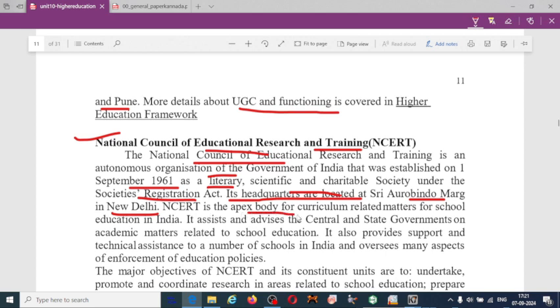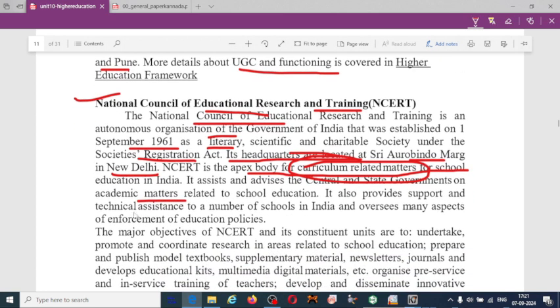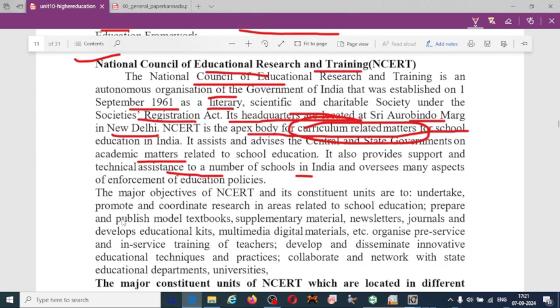NCERT is the apex body for curriculum related matters. Specially, it is dedicated to the curriculum related matters of school education in India. It assists and advises the central and state governments on academic matters; support and technical assistance to a number of schools in India is provided by NCERT.